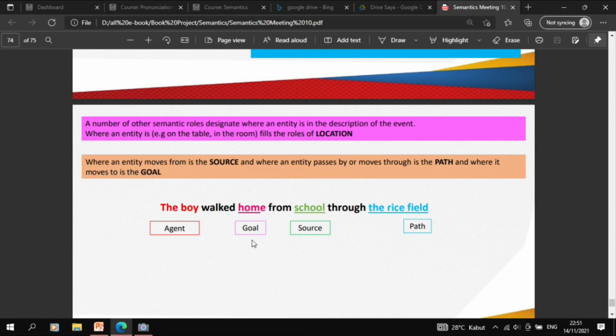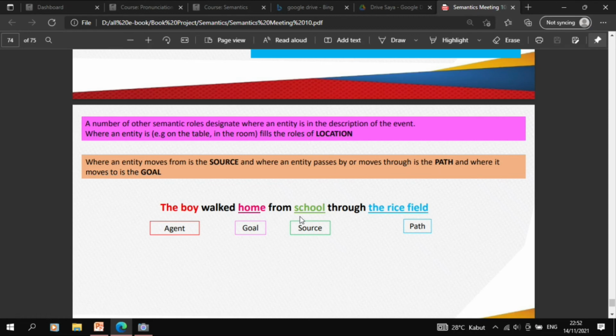So to make it easy, see the sentence. We have the boy. Of course, the boy is the agent, right? Walk. Okay, the boy walk home from school through the rice field. So home here is not the theme, yeah. So we talk here as the boy as the agent. Walk home. Actually, home is the goal, ya kan? Tujuan dari perjalanannya ini adalah rumah. From school, dari sekolah.